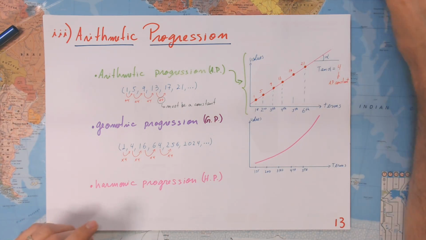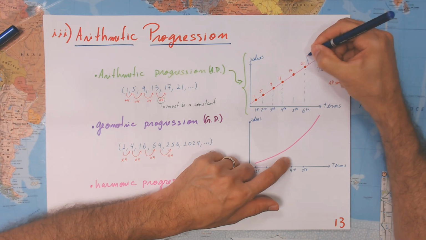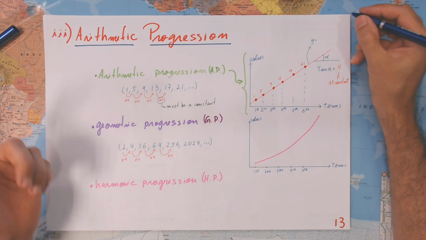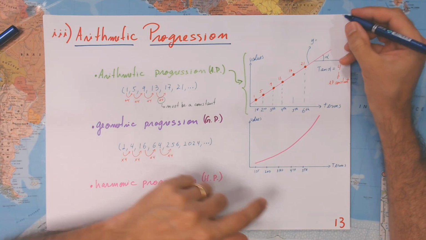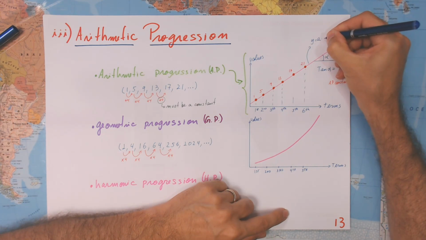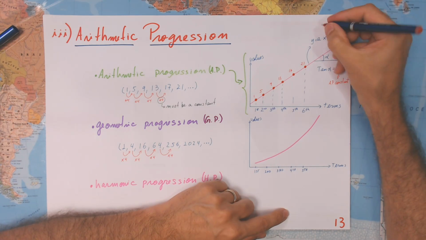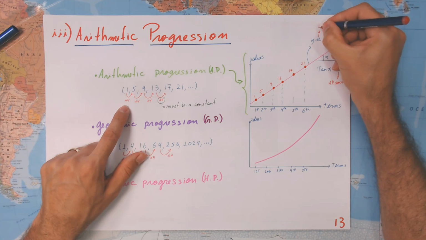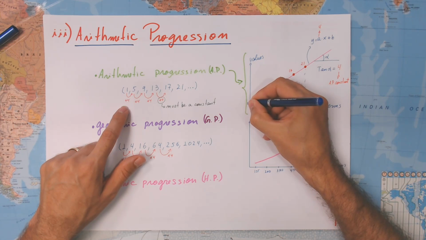Oh, I just forgot. The equation for this line in here would be like this. You usually say y equals ax plus b, right? Let's write a times x plus b. The a would be our 4, in this case. This is b. Why?